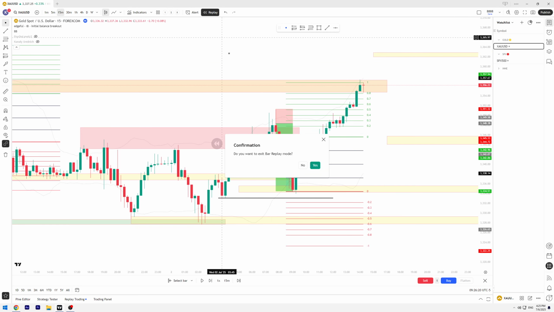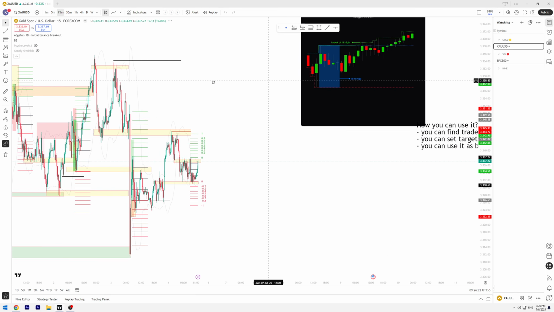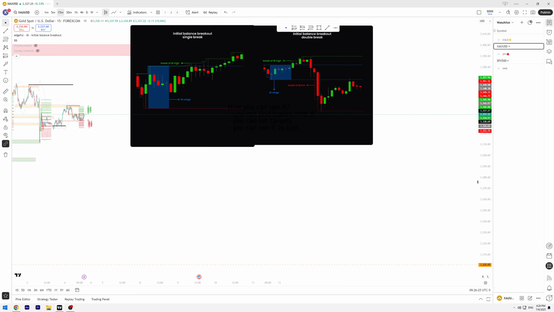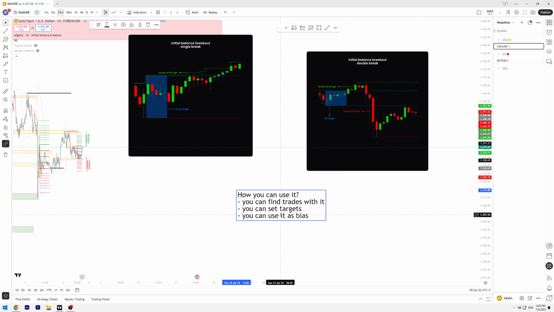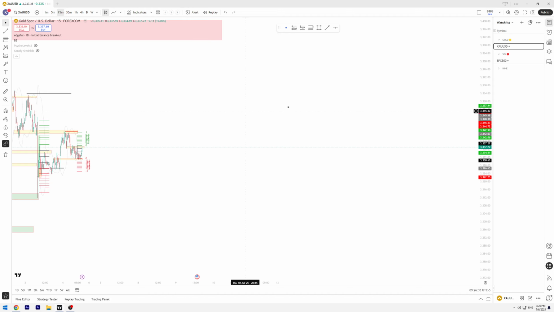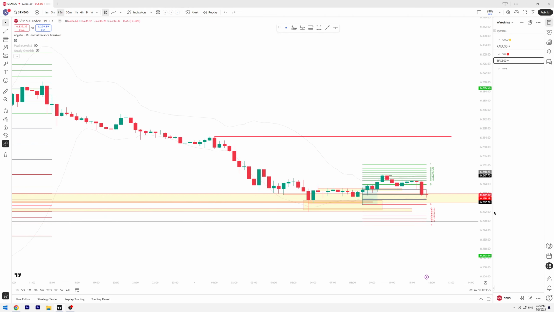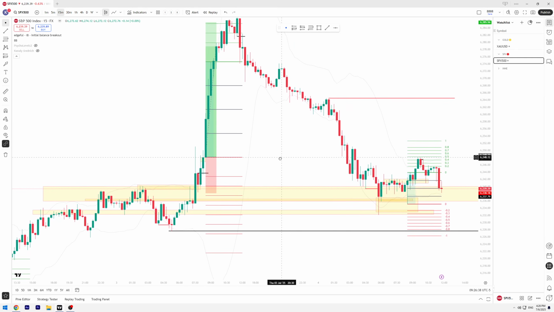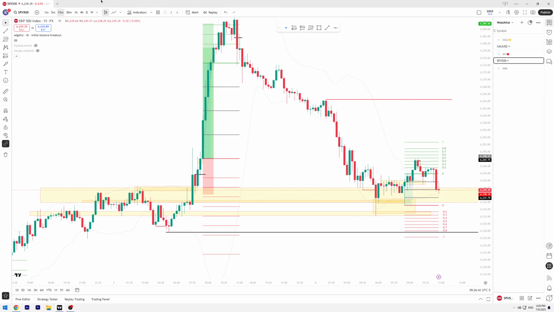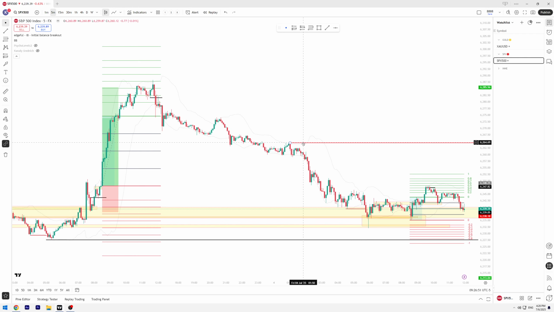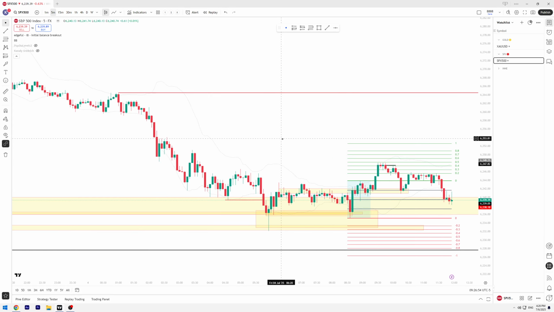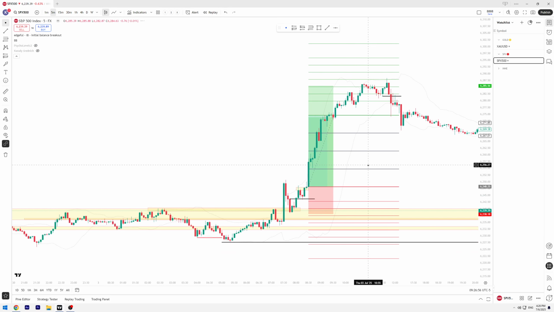Now, you can also use it as bias. What I mean by that is that if we have a break like this, we could have a bias that we are going to go up. In this case, we had downward movements, which was also a bank holiday, so it's a bad day to trade, and I didn't trade that.